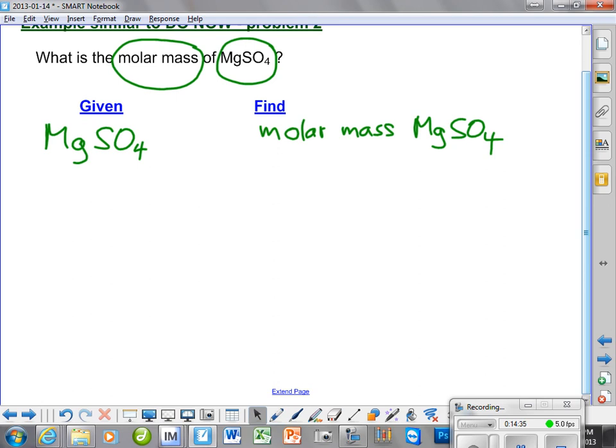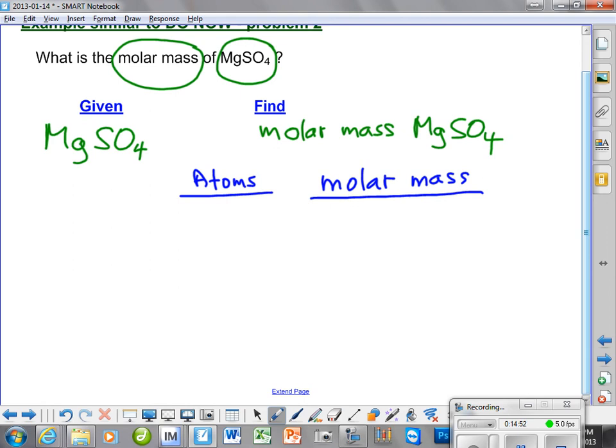So I'm going to make a column here called molar mass. And these will be the atoms that are in our molecule. And the molecule, of course, is this guy. So, who's our first atom?